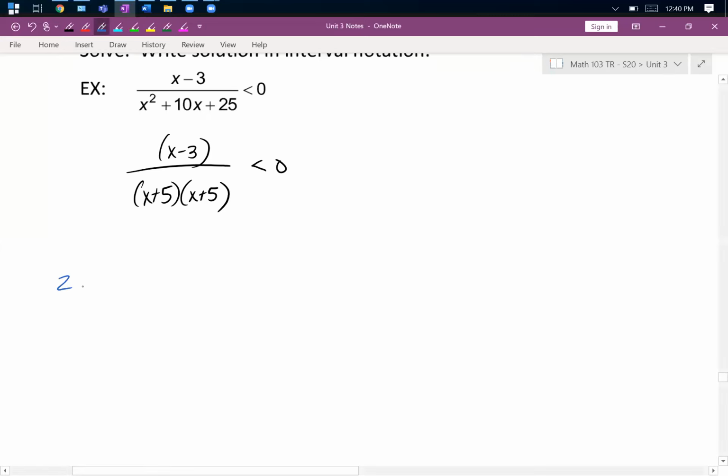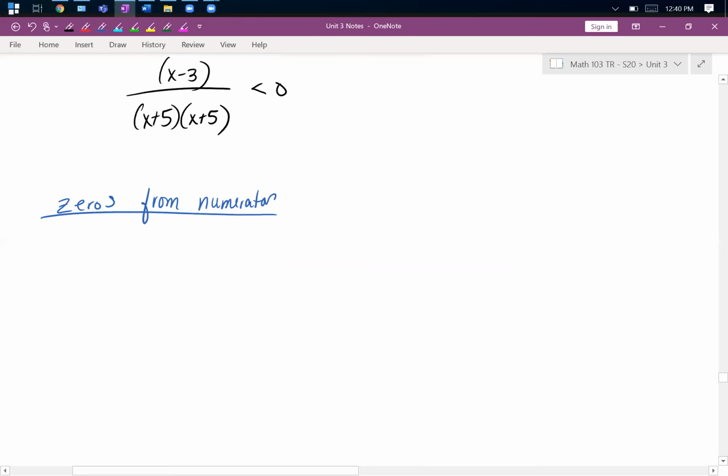And now we want to identify zeros from the numerator and zeros from the denominator. The factored form is also so helpful in actually getting these zeros.